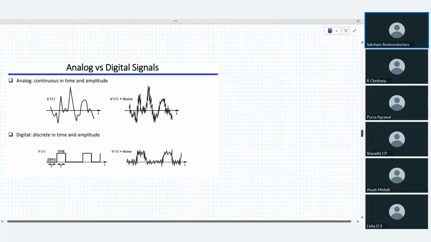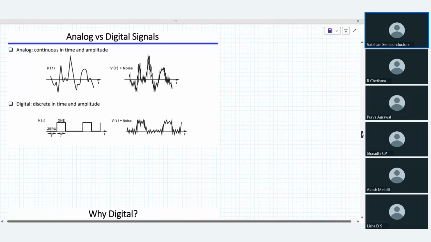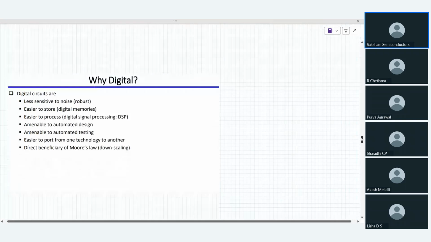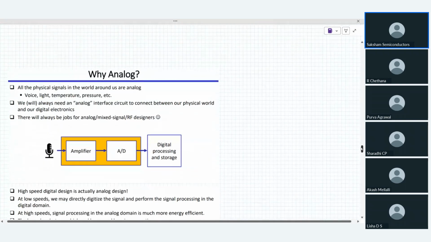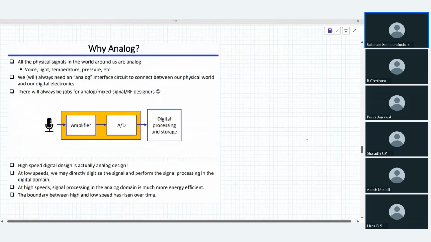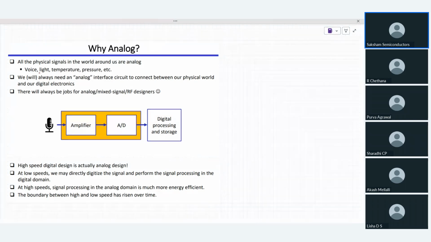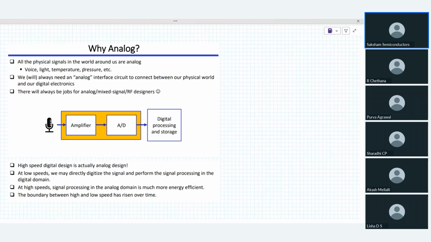Normally when we see real life signals, whatever we see, they are always analog signals. If you measure voice, light, temperature, pressure, they're random signals. They're not digital or discrete signals. And that's the reason why we use the term analog IC design.